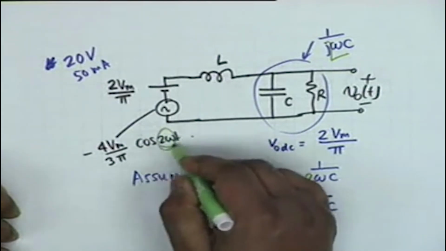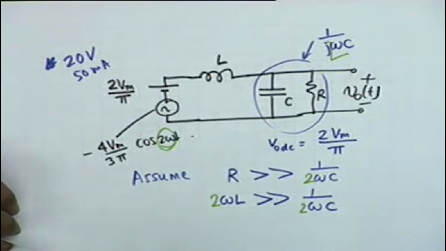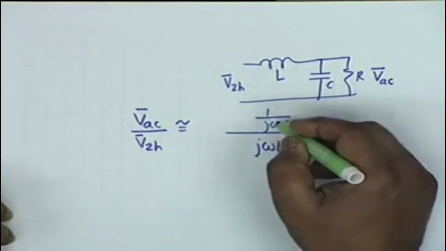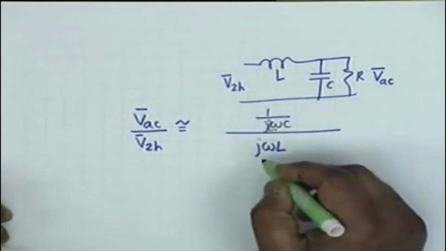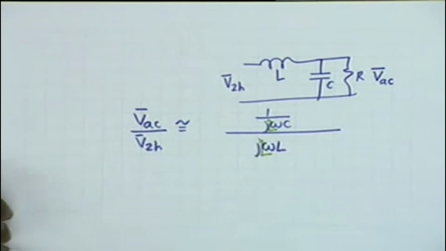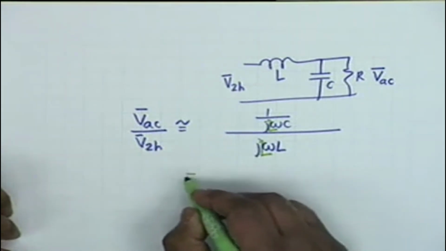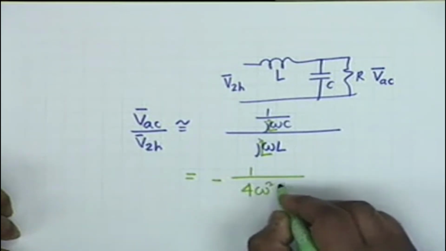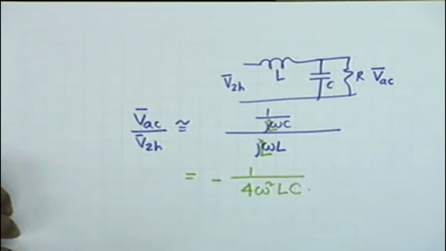The frequency of the AC input is 2 omega, which means that our relation should be j2 omega C divided by j2 omega L. And obviously you see this is minus 1 by 4 omega squared LC.